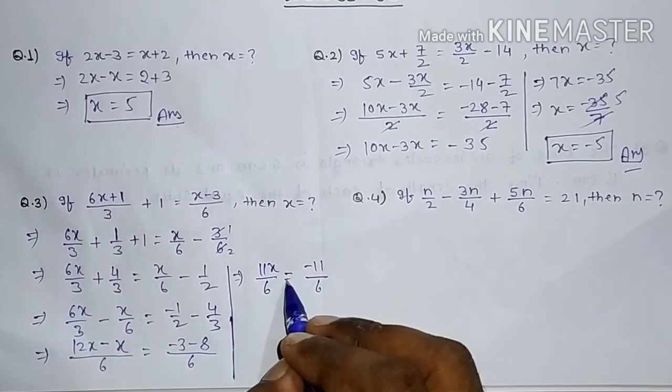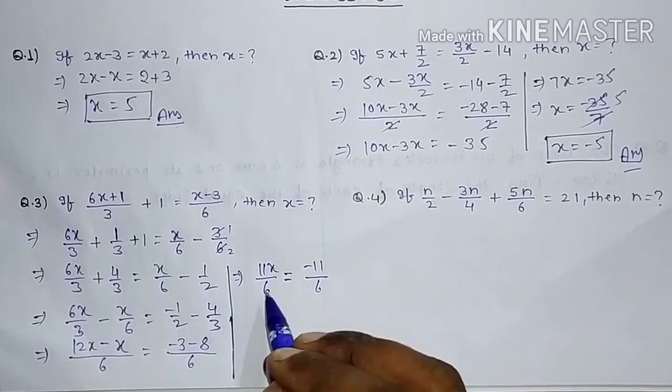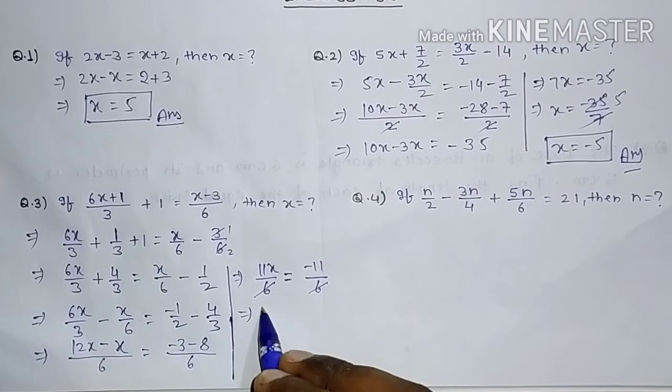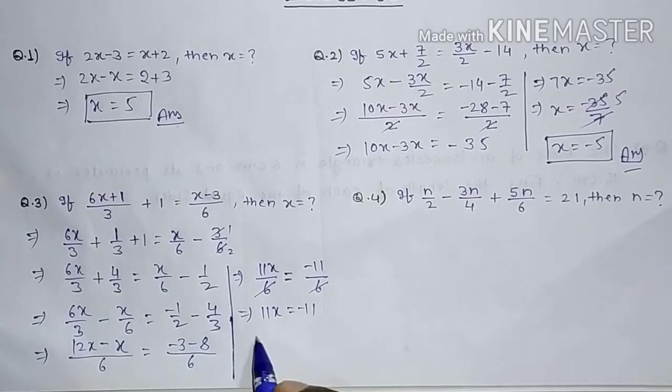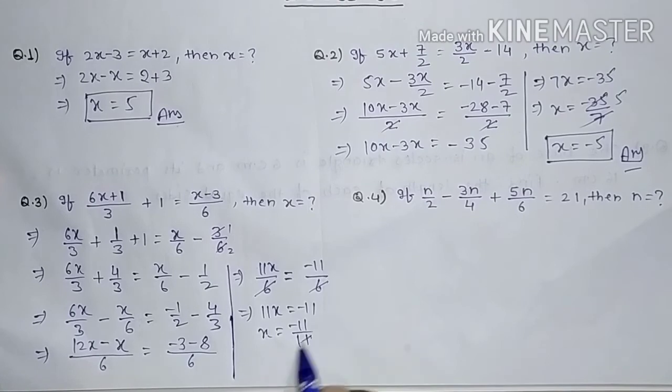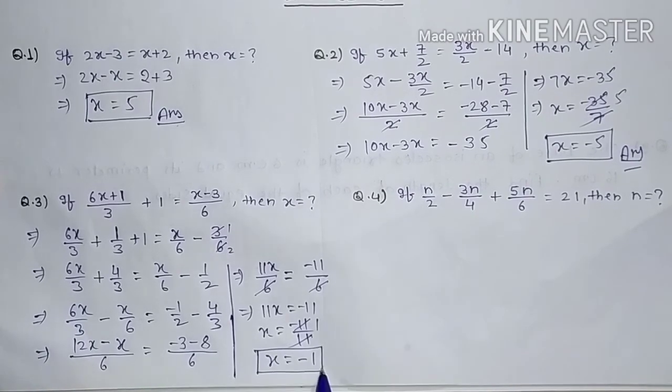Now this is equal sign in between LHS part and RHS part. So 6 and 6 cancel out. So 11x equals minus 11 and x equals minus 11 upon 11, and it will be cancelled out. 11 1s are 11. Now x equals minus 1 is the answer. Now it's very simple.